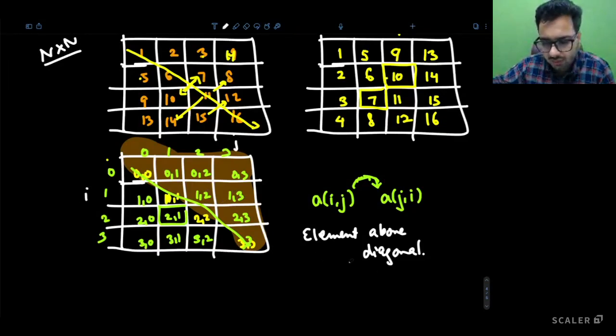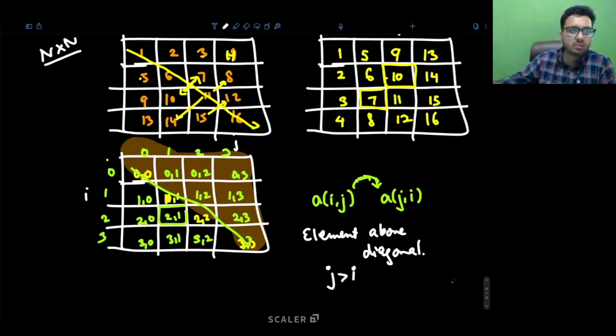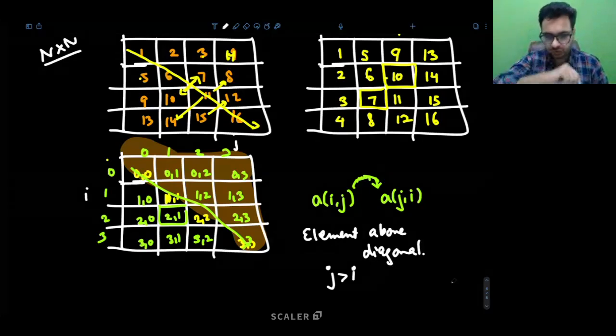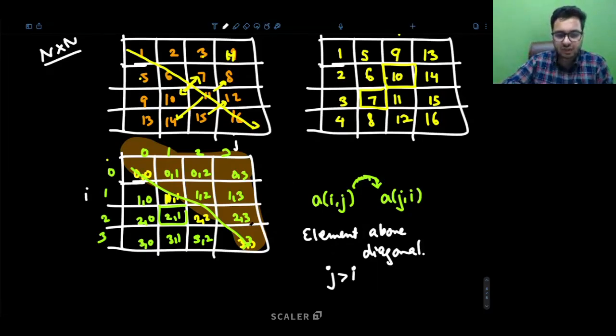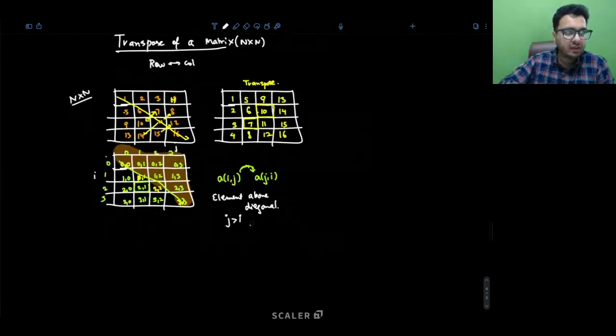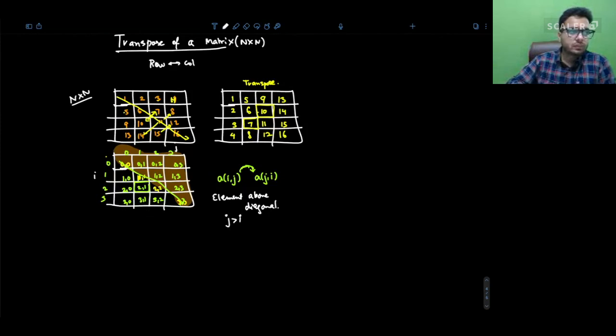So all elements above the diagonal have a column number greater than the row number. For example, 1 comma 3, 3 is greater than 1. 2 comma 3, 3 is greater than 2. So yes, that is true. So if I now iterate over the entire array, what do I need to do?